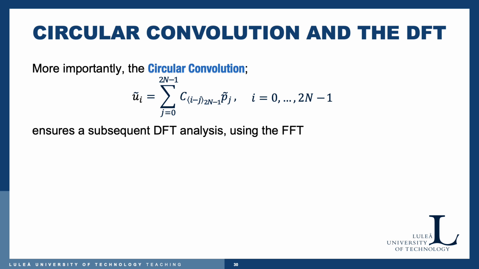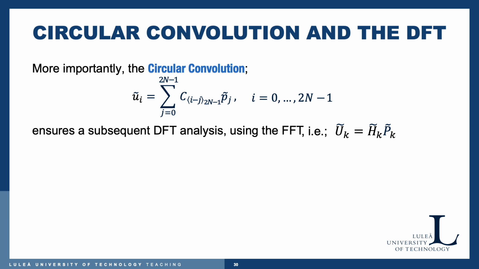So the important thing now is that the circular convolution, the extended one, in terms of deformation, ensures a subsequent DFT analysis or application. So we can apply the FFT, and therefore we know the transfer function.